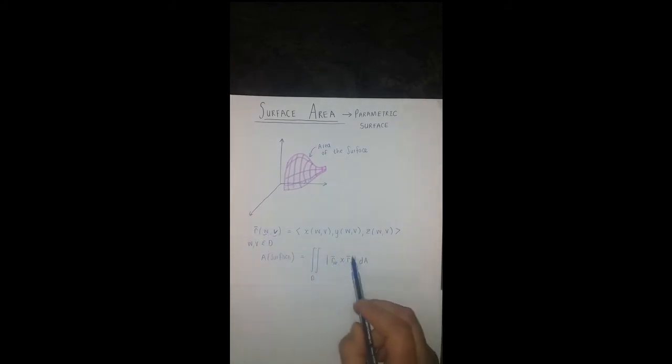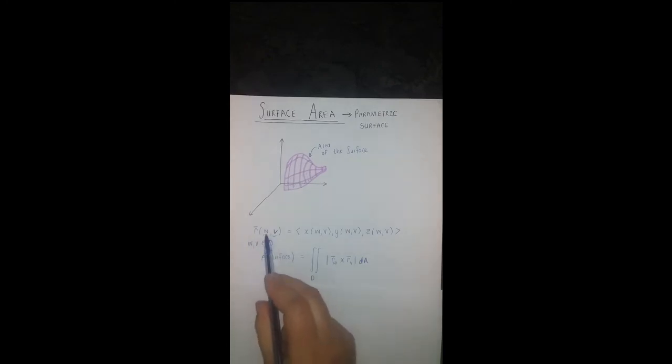You then cross product them and you take the magnitude of that. And then you have a dA. This dA is dependent on these parameters. Where do they exist? Let's say these parameters were theta and phi. Then you'd have the boundaries of theta and phi for your surface, and you'd use them for the integral.